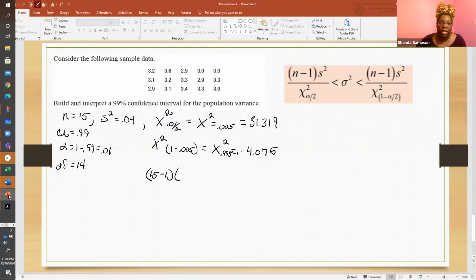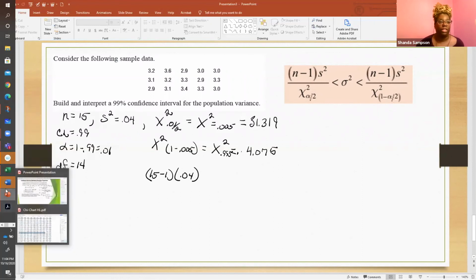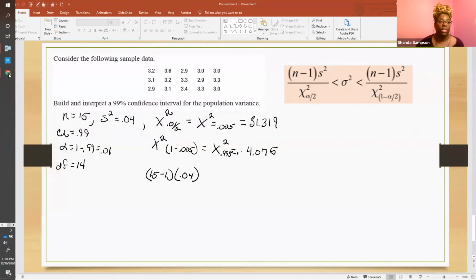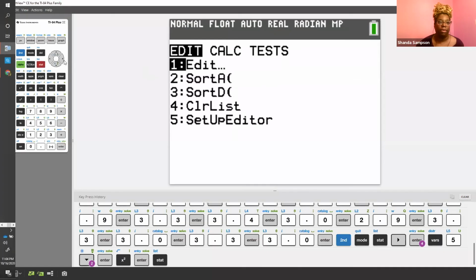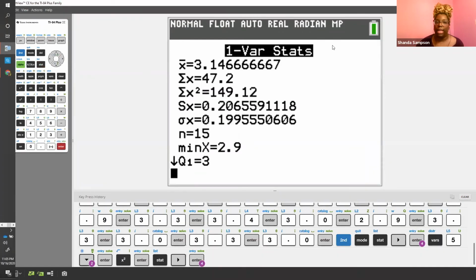15 minus 1. I already did s squared, so I don't have to square it again. That's the only thing you might want to check into, because if you do it this way, you might want to do it the other way. Let's go back to our calculator because I don't want you to get confused. If we look at stat, calc, one variable statistics, we had s, and s was equal to 0.21.